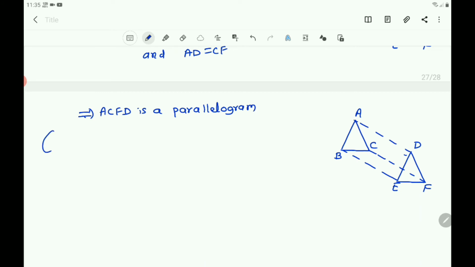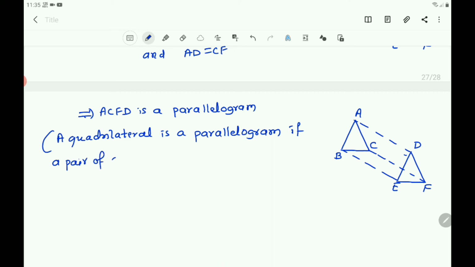The reason you give: a quadrilateral is a parallelogram if a pair of opposite sides are equal and parallel.